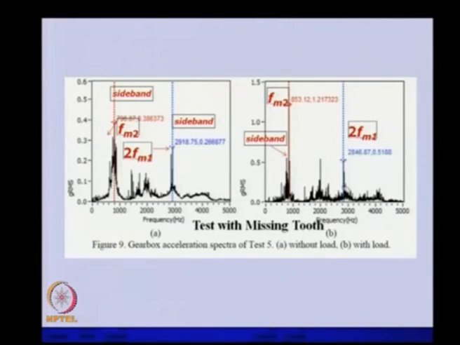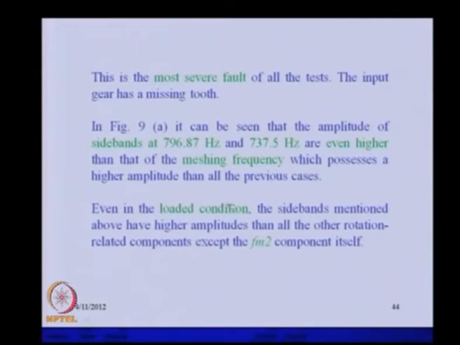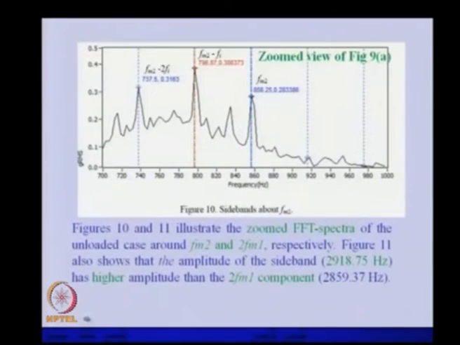FM1 is present here. Here the second harmonic of FM1 is more predominant. So, this kind of modulation can take place even in the loaded condition. The sidebands mentioned above have higher amplitude than all other rotation related components except the FM2 component itself. So, the sideband is one particular phenomenon which we can observe in this kind of fault.